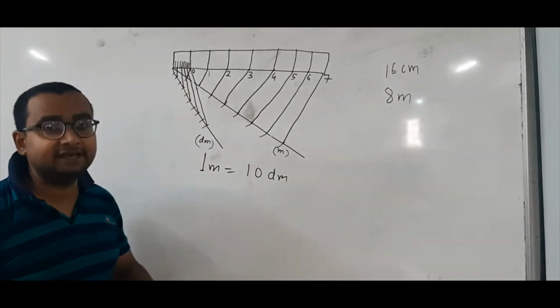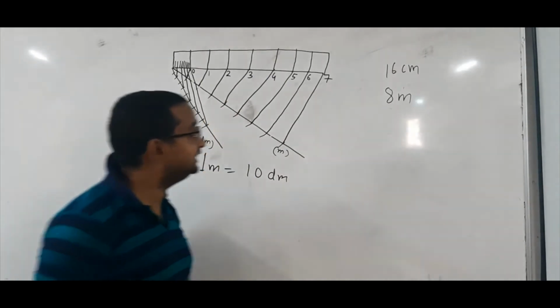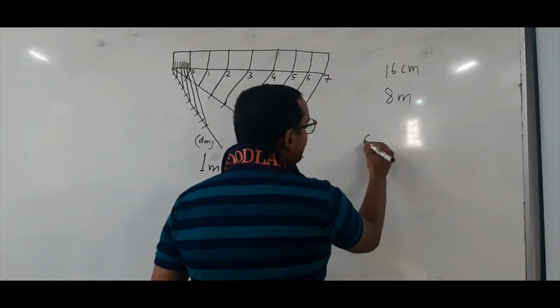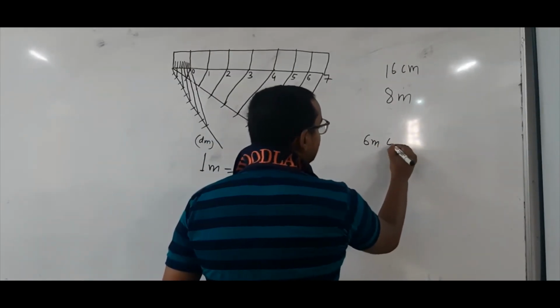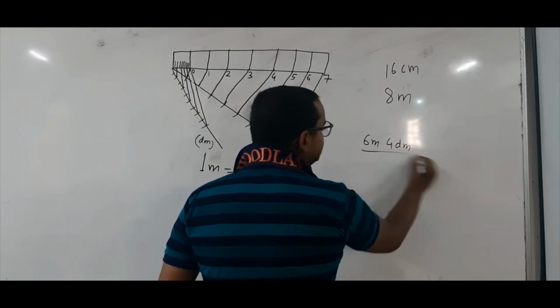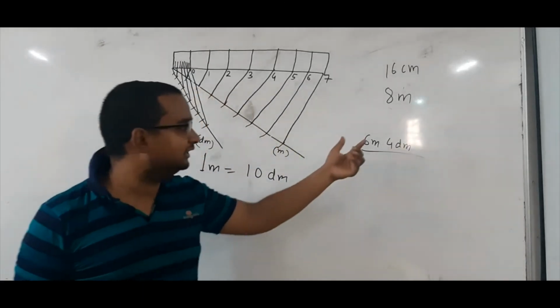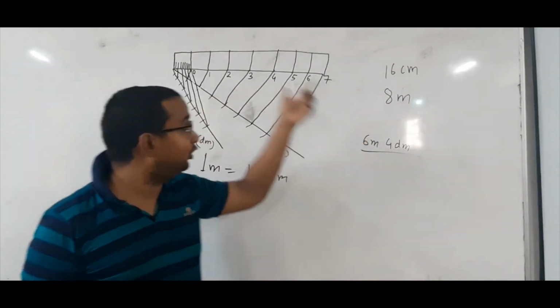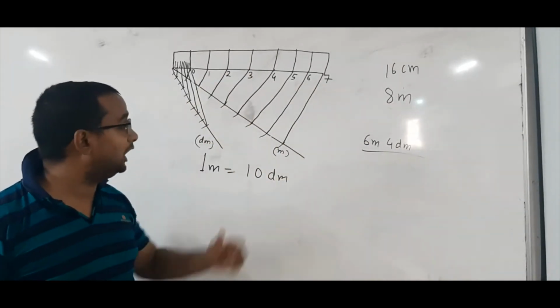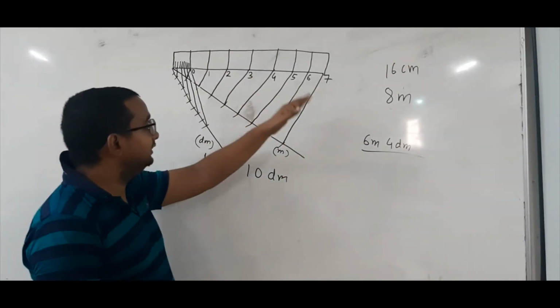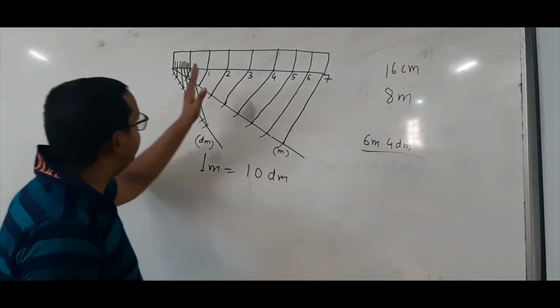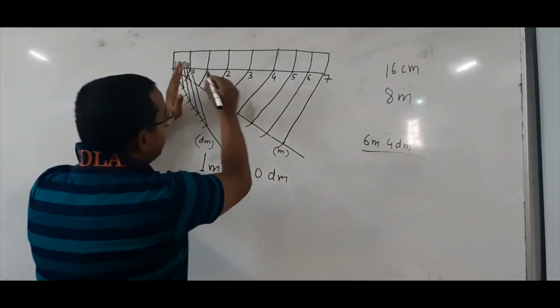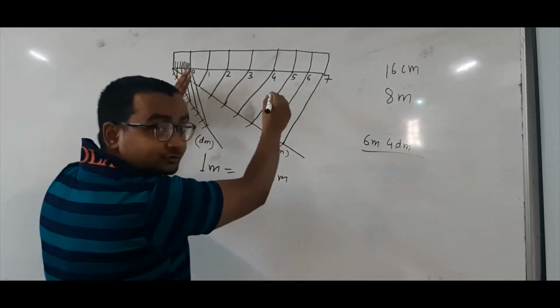Now on this scale we have to indicate a certain distance, which was given as 6 meter 4 decimeter. So how will we represent it? For 6 meter we will start with the divisions of meter.